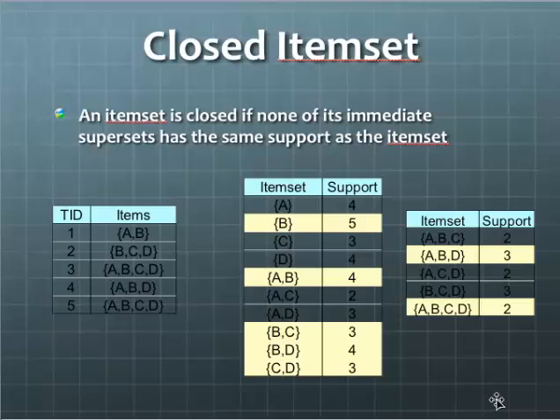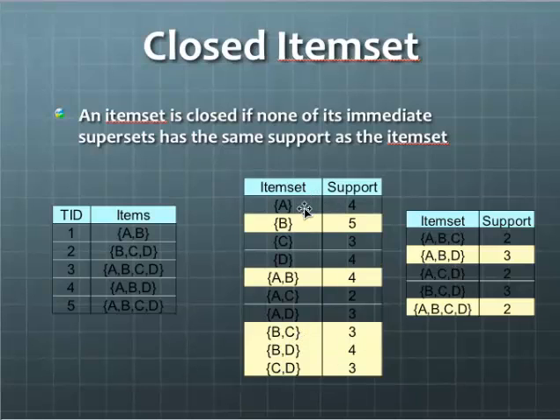And the definition of a closed item set is that an item set X is closed if none of its immediate supersets has exactly the same support count as X. In another way, X is not closed if at least one of its immediate supersets has the same support count as X. For example, in this case, we first calculate the support of each item set.